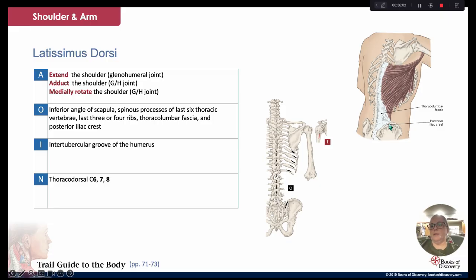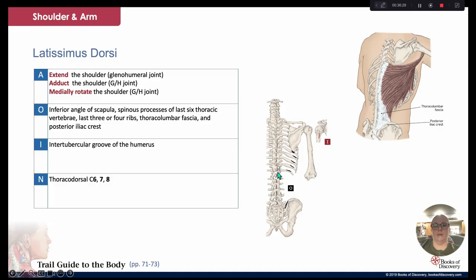All right. So, origin: the inferior angle of the scapula. Remember that little tiny point on the scapula? This is a spot where it's stable, right? And also the spinous processes of those last six thoracic vertebrae.